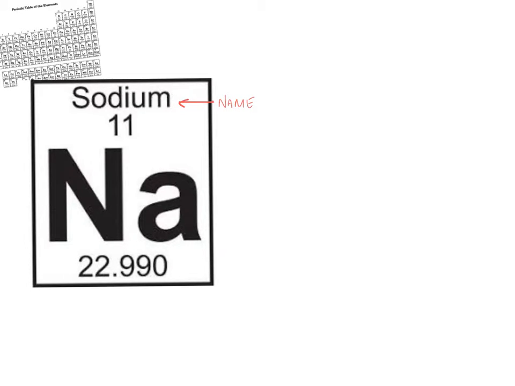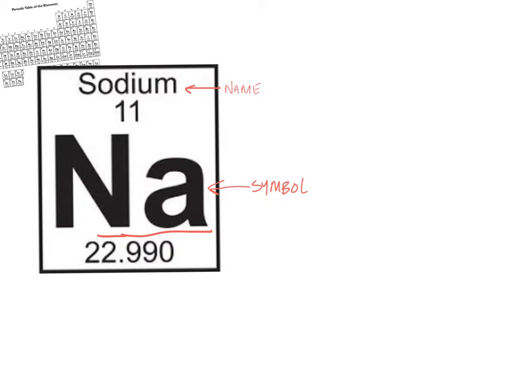After that, we've got the symbol, and like we said before, it starts with a capital letter and ends with a lowercase letter if there is a second letter after it. This is just our straight up symbol for that particular element. Straightforward, pretty easy.